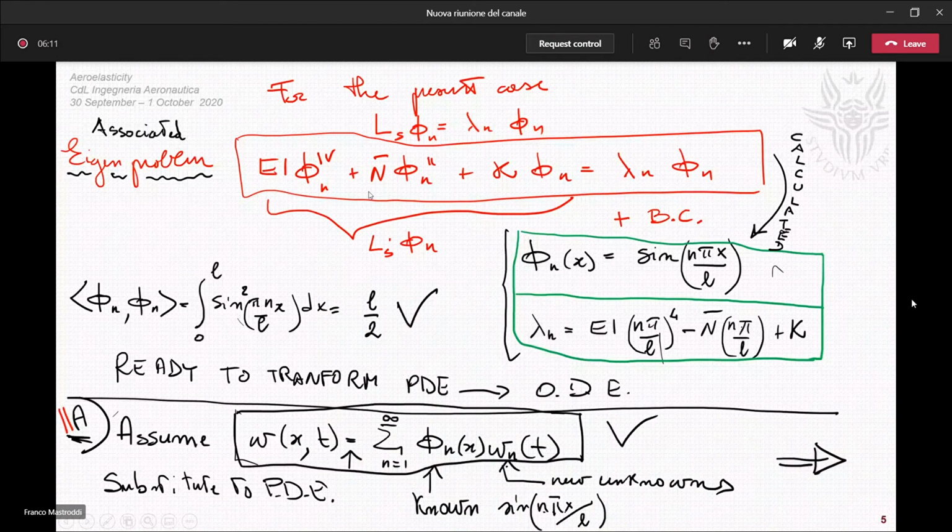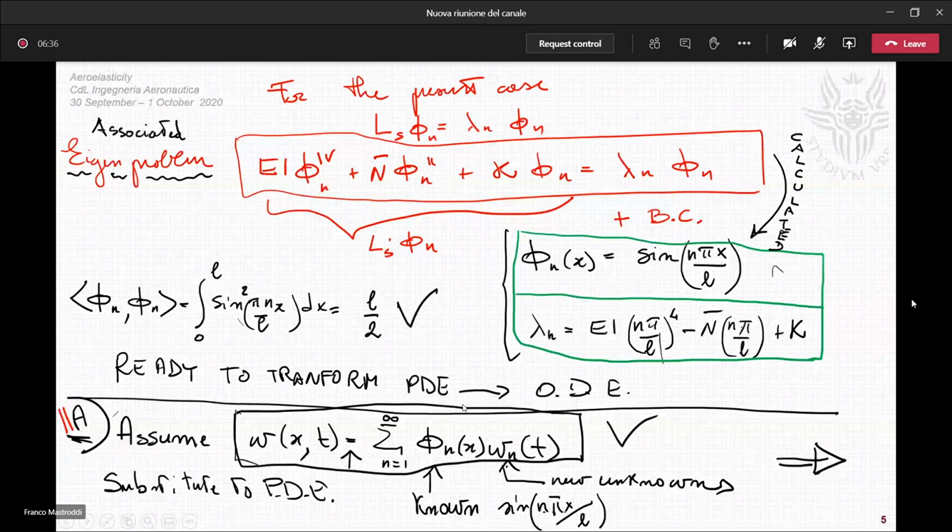Taking into account the conservative part, we can use it for generating the eigenfunctions and the eigenvalues. And that's here, the eigenvalues and the eigenfunctions for the panel flutter. Once we have determined these quantities, we can go ahead to solve our original PDE.